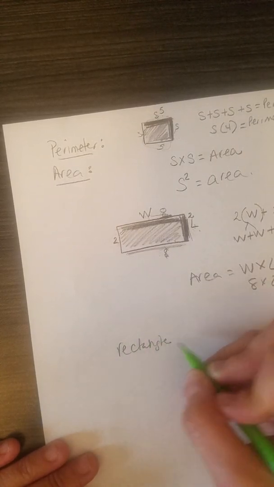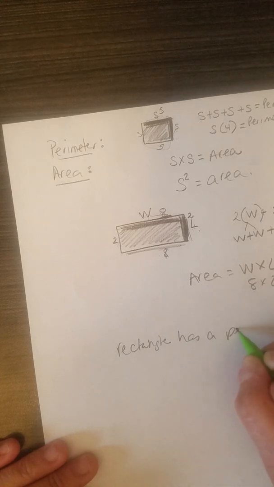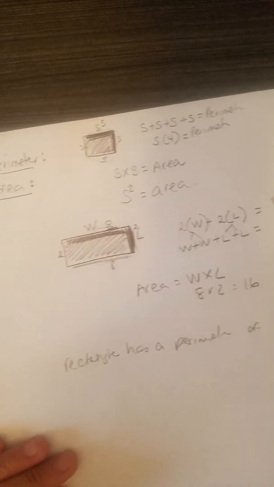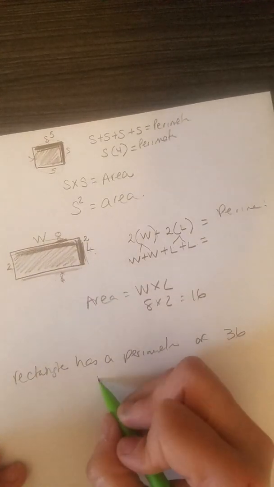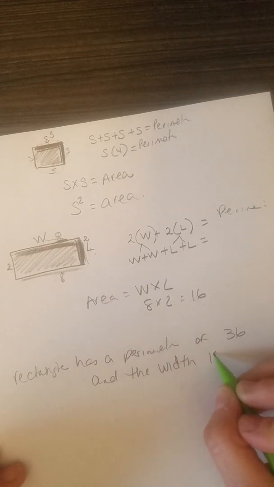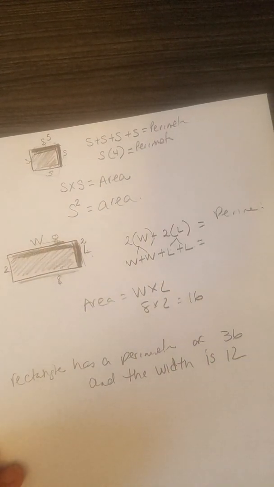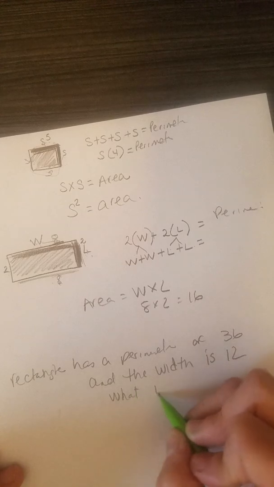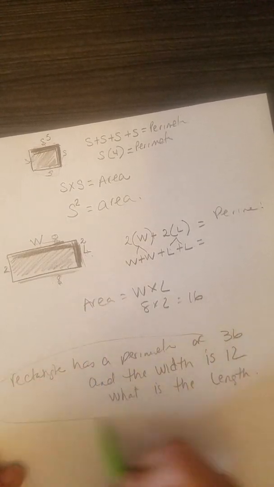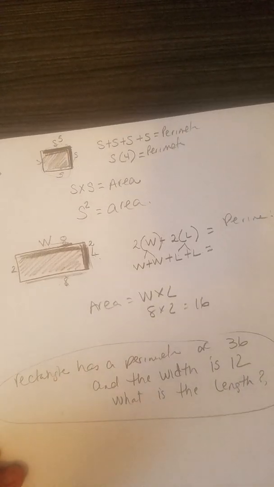A rectangle has a perimeter of 36, okay? And the width is 12. What is the length?